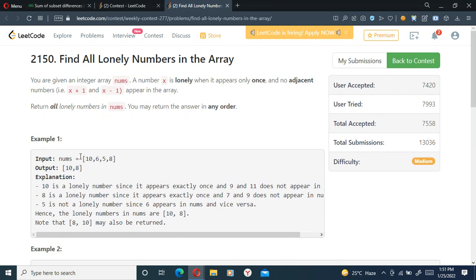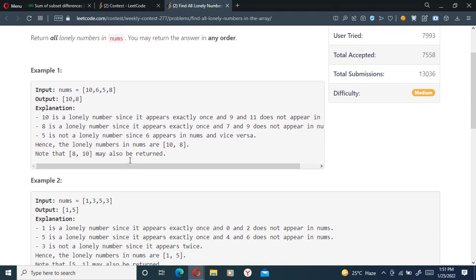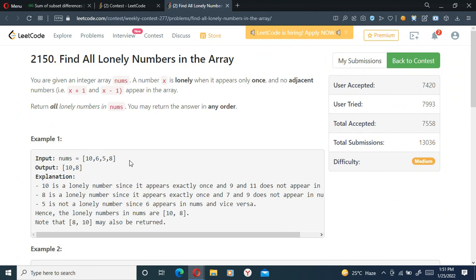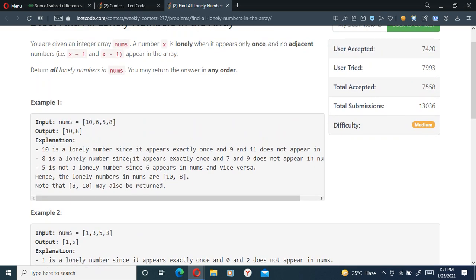Can I just sort this array and try binary search in this? Hmm, I guess binary search should work here. Or can I use a map? I can just use a map, right? Just use a map. Why do binary search even?